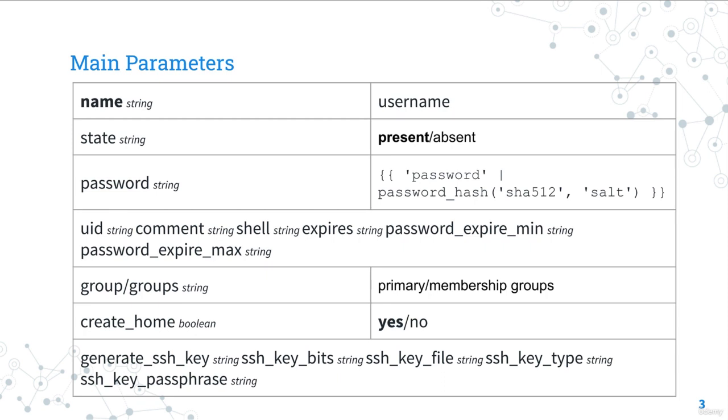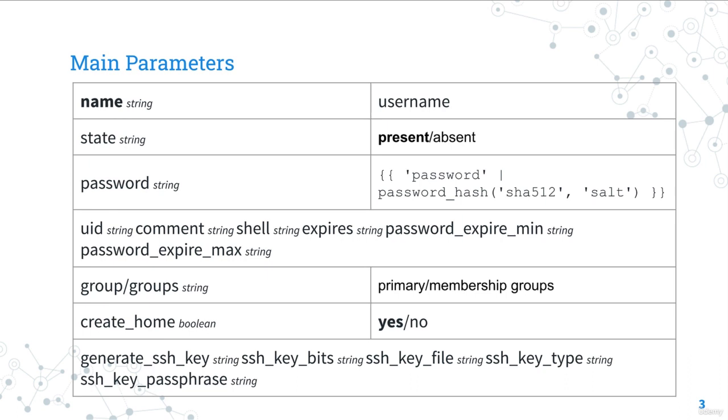Please note that you could specify the encryption algorithm, in this case SHA-512, as well as the salt to make your password more robust. We could specify all the usual Unix properties, such as UID, comment, shell, expires, password expire minimum and maximum time.